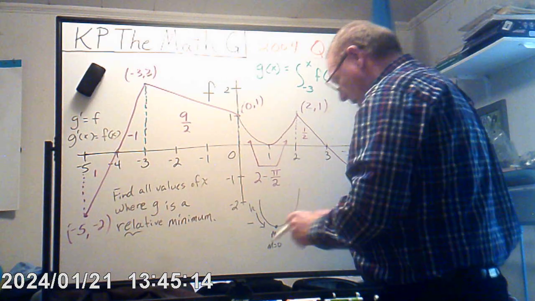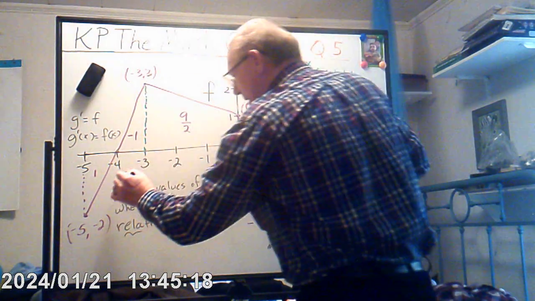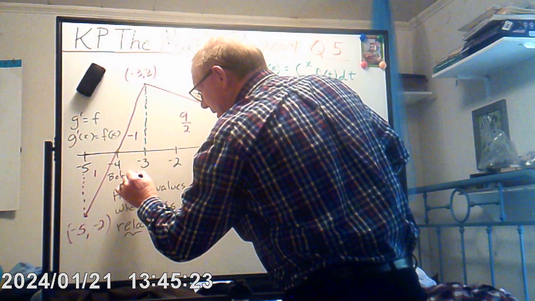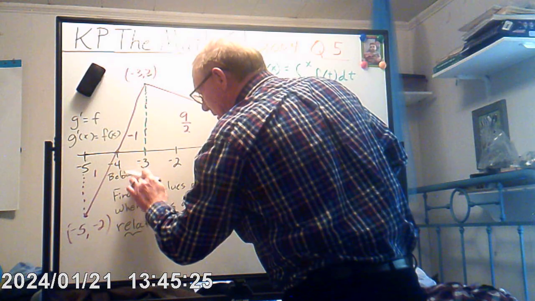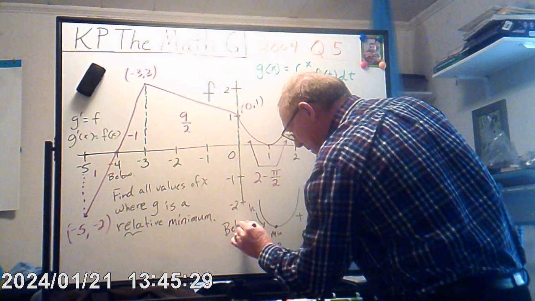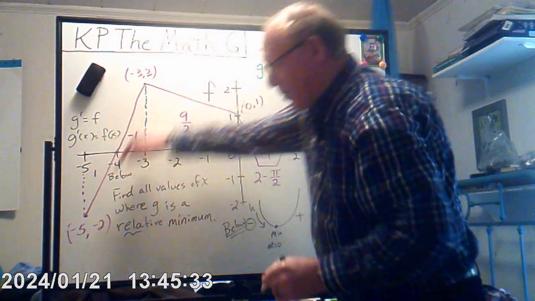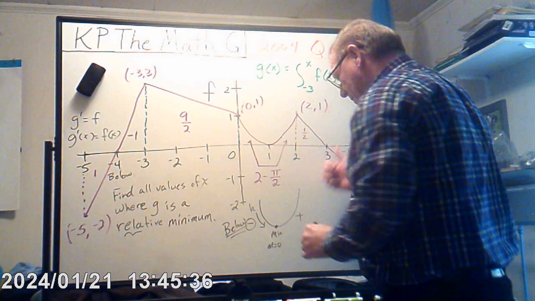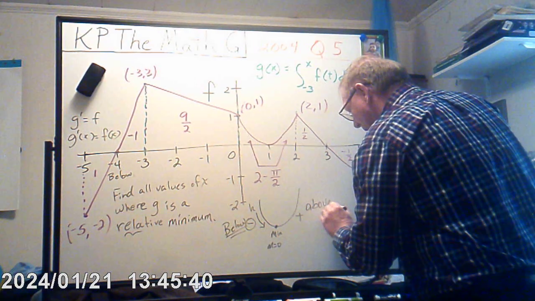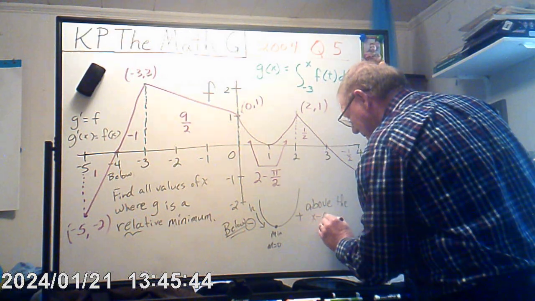Now, a min on a graph like this is always going to be below the x-axis. The negative is always below, the positive is always above the x-axis.